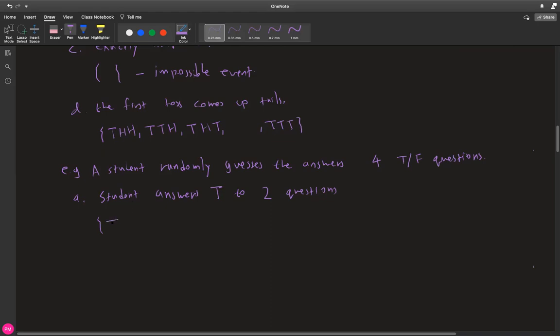So we can have true, true, false, false. We can have true, false, true, false. We can also have true, false, false, true.